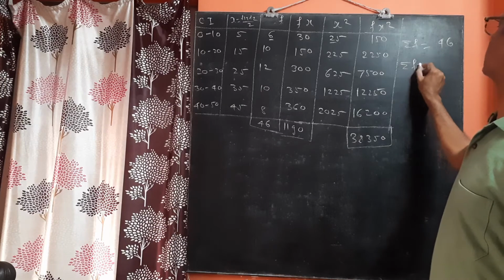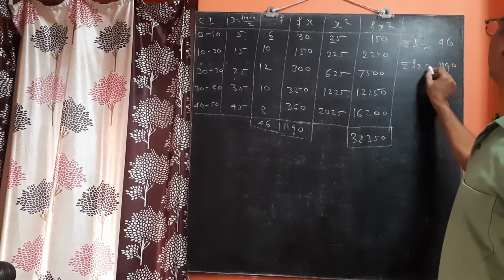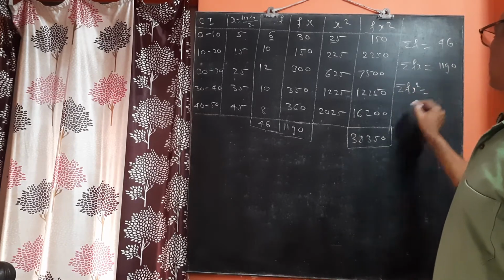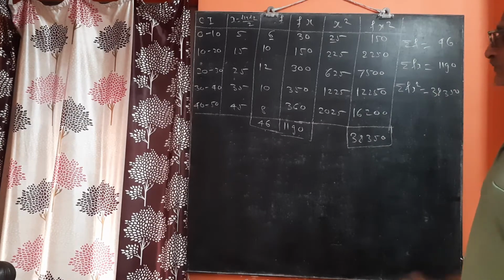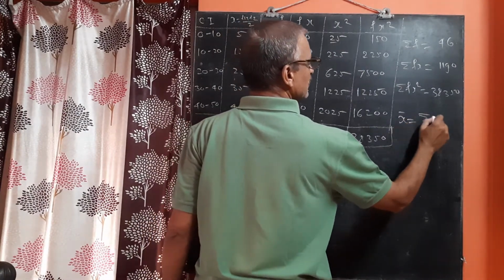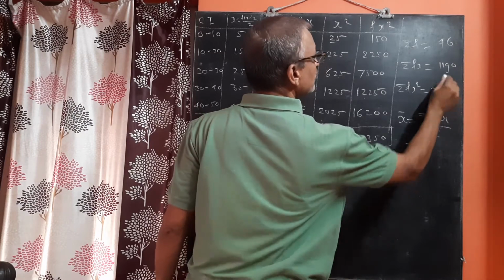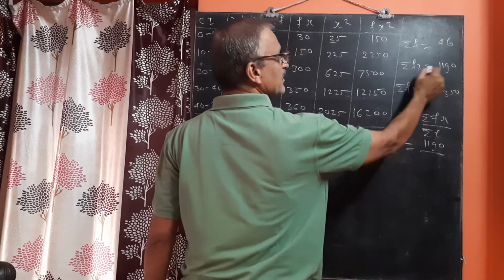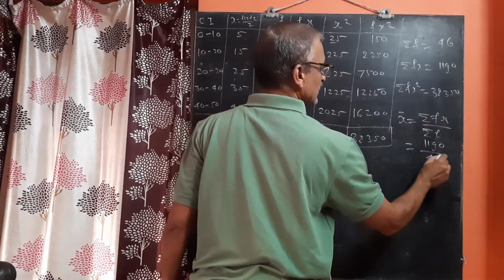Summation of fx is equal to 1190. Summation of f into x square is equal to 38,350. So mean x bar equals summation of fx upon summation of f, that is 1190 divided by 46.